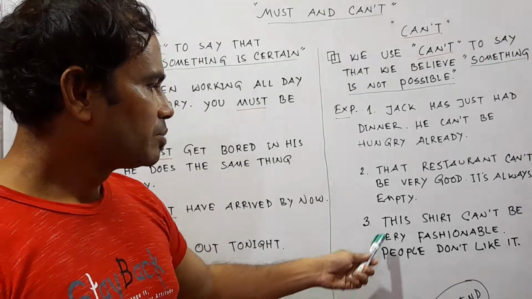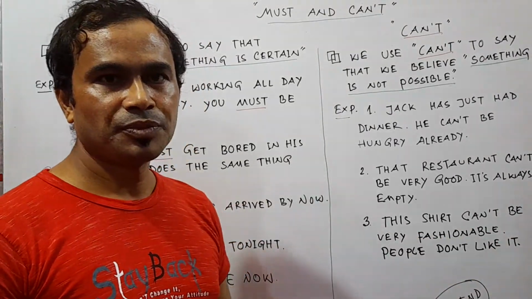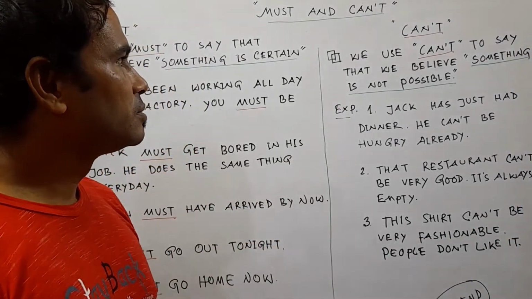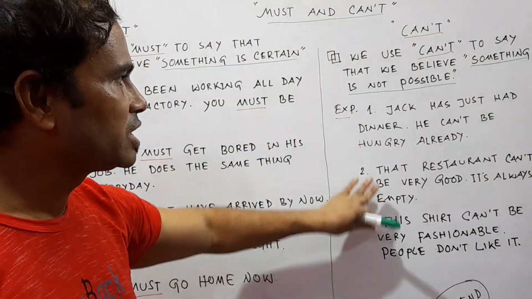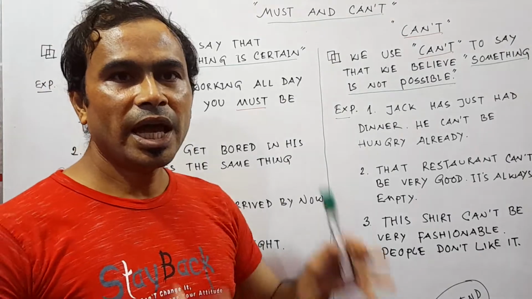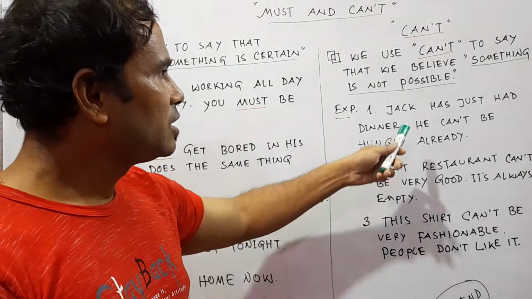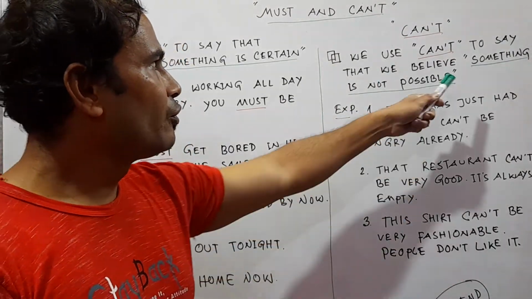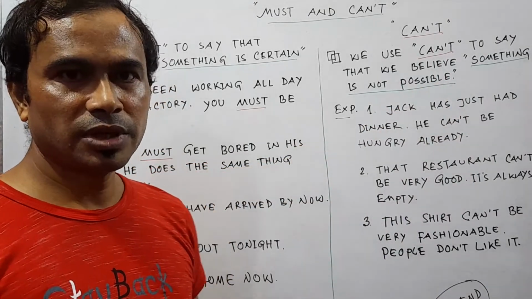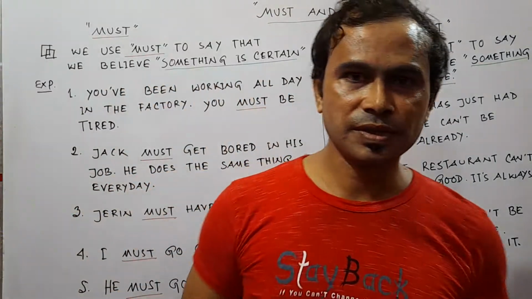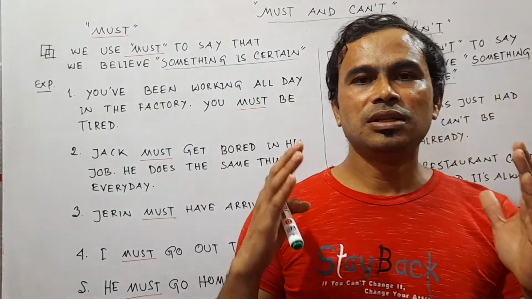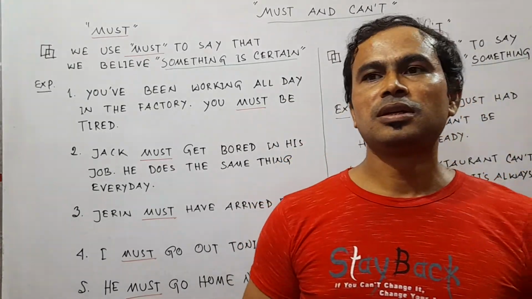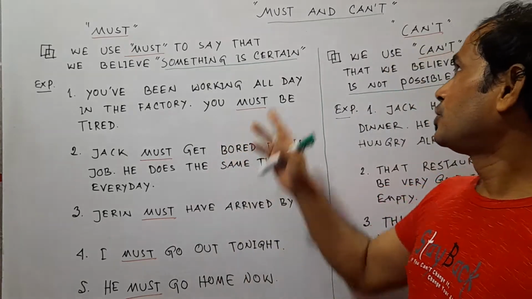That's why people don't like it. Here you see three sentences I have written, and I have mentioned the meaning in these three sentences, which is not possible.